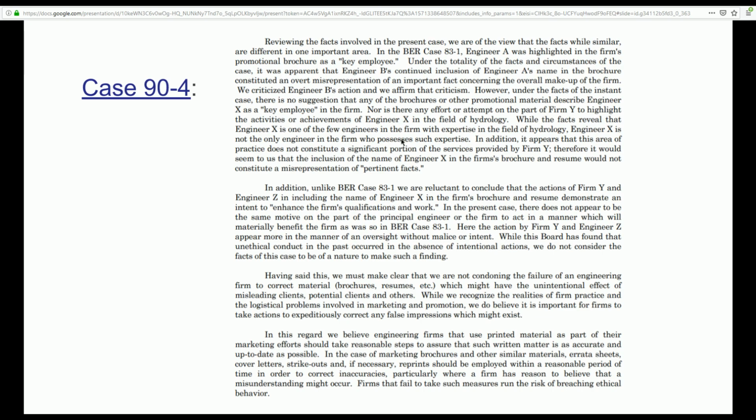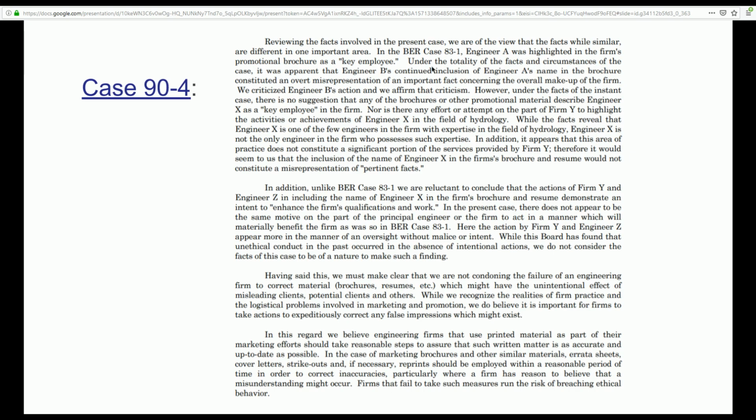And what the analysis here says is that in this 1983 case, for one thing, the engineer was contributing an important skill to the firm that was highlighted in their literature. And because that engineer was leaving, still advertising the firm as having that key employee was disingenuous.